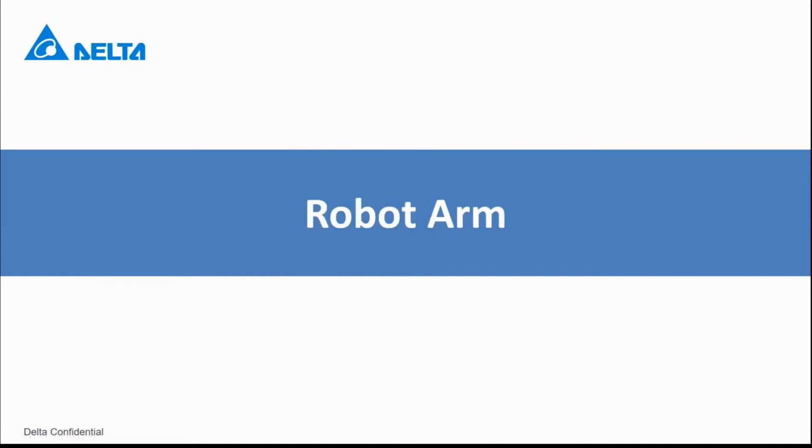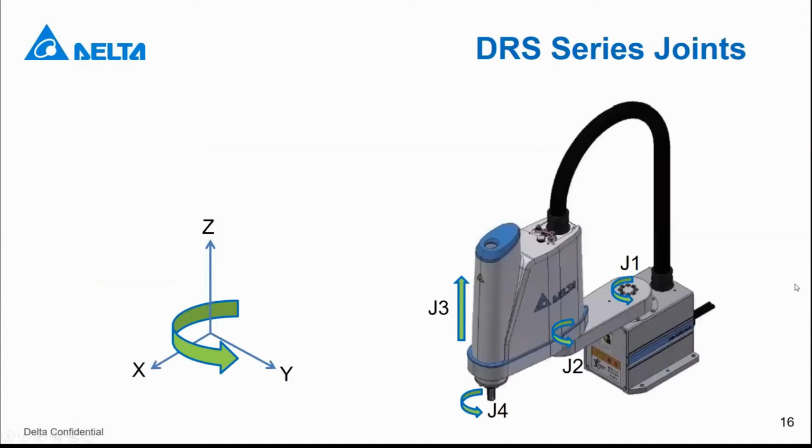It's the robot arm. In this part, I will introduce the robot arm itself. First, this is the coordinate system in our robots. We have this normal coordinate system with X, Y, and Z directions.